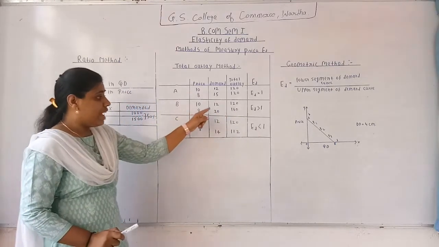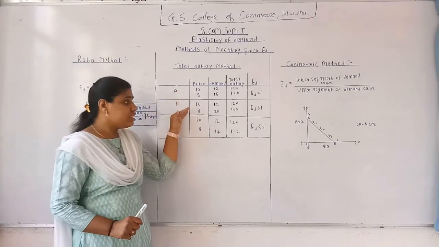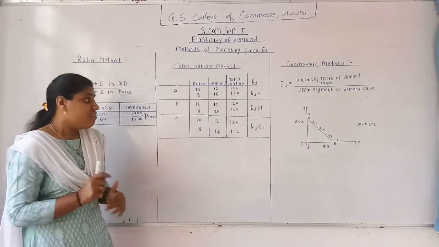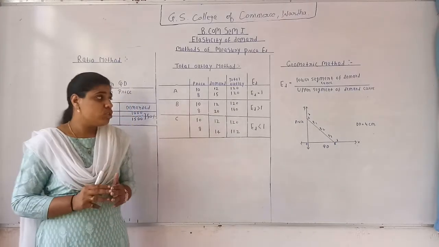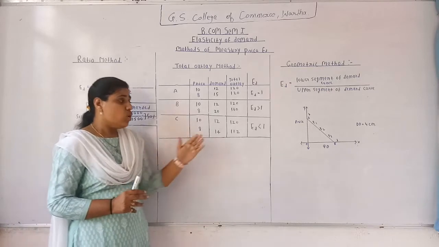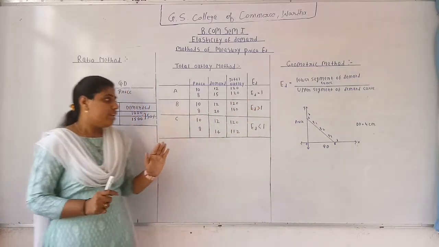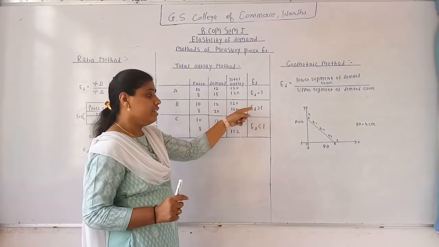So here we can see that due to change in price, total expenditure is increasing, and when total expenditure of a consumer increases due to change in price, elasticity of demand is going to be greater than 1. So therefore here the elasticity of demand is greater than 1.